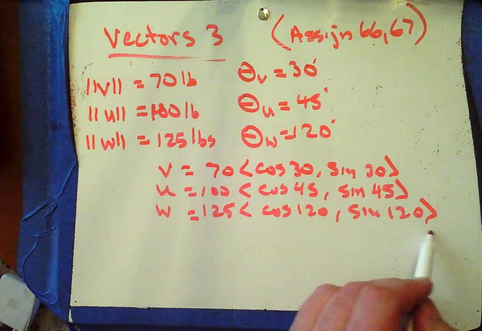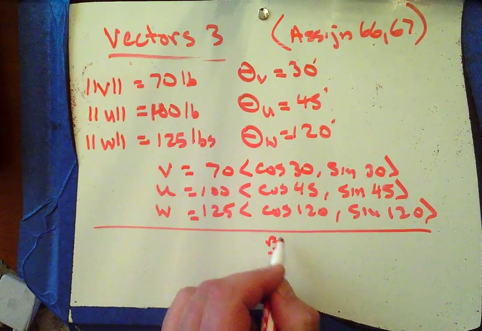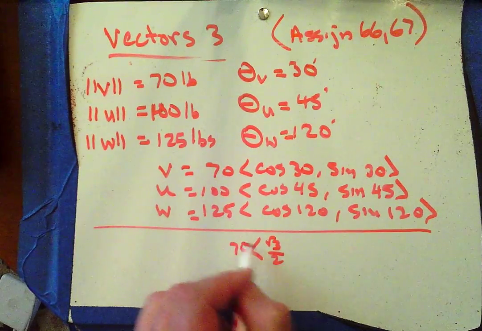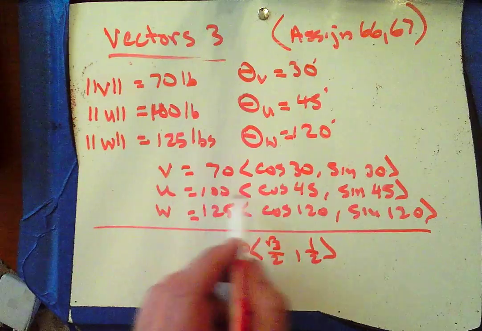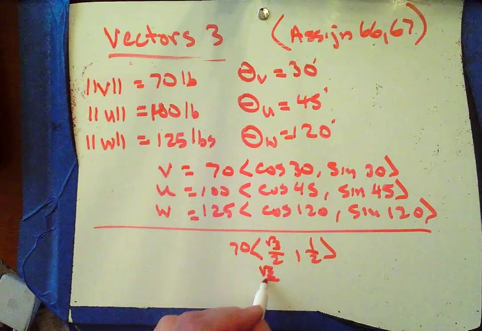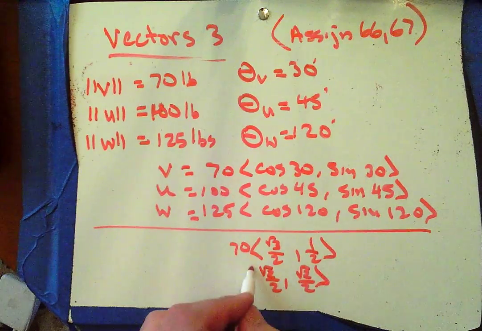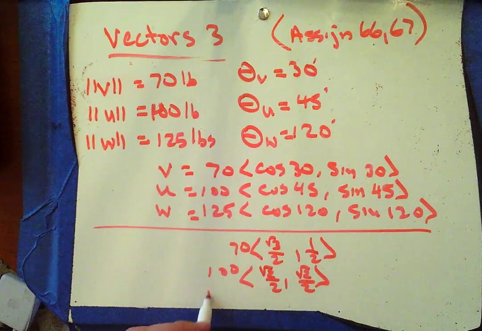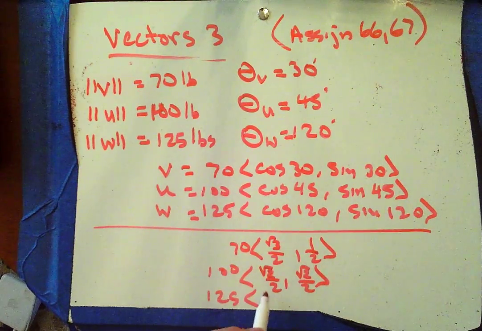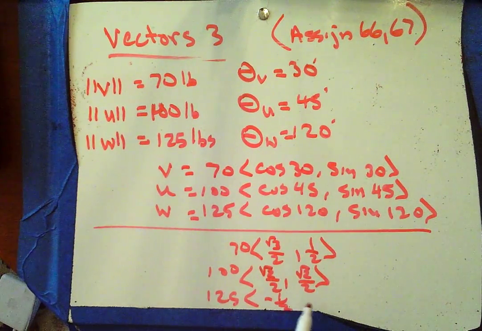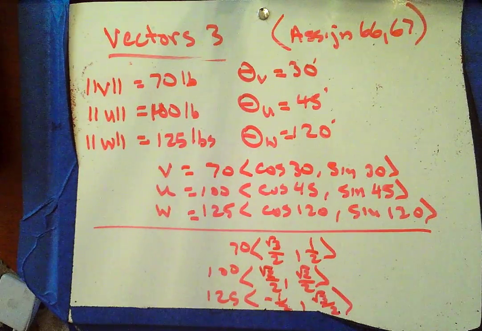So let's figure out what those are. Cosine of 30, root 3 over 2. Sine of 30, 1/2. Cosine of 45 is root 2 over 2, so is the sine. That's 100. And then 125 times cosine of 120 is negative 1/2. Sine of 120 is root 3 over 2.